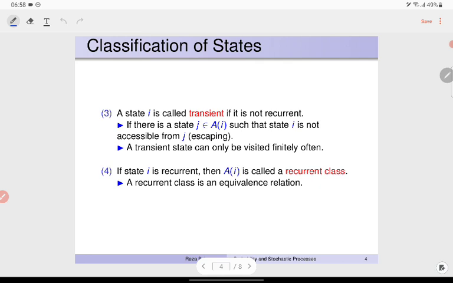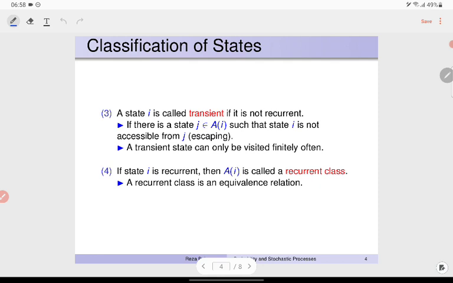So j is accessible from i, but i is no longer accessible from j. That means that if we were originally at i and we happen to go to j, then we escape. We can no longer go back to i. This is what we call a transient state.